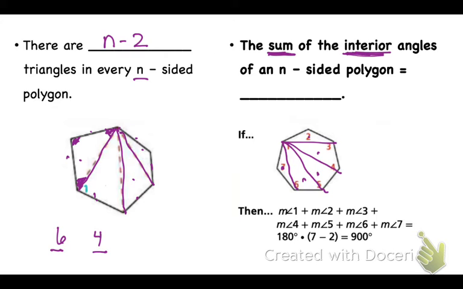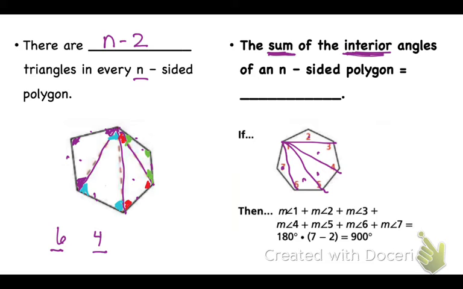And then this angle plus this angle plus this angle is what? 180. And then this angle plus this angle plus this angle is what? 180. And then this angle plus this angle plus this angle equals what? 180. Well, I have 4 triangles that all add up to 180.